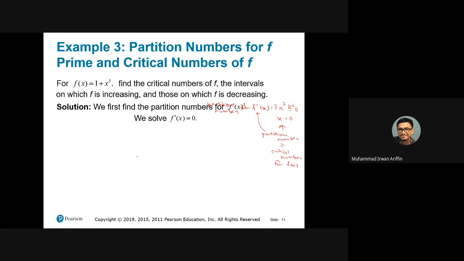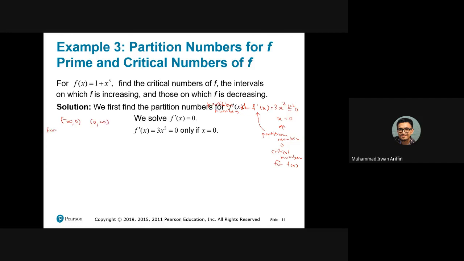Now, based on this information, can we draw the sign chart? We have basically divided the line, from negative infinity to 0, and then 0 to positive infinity.